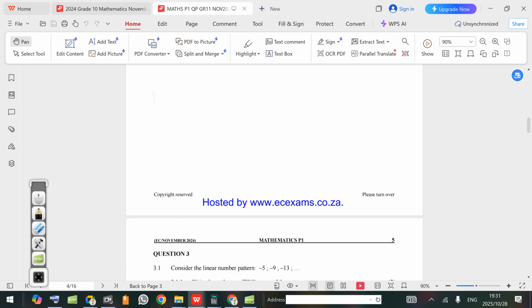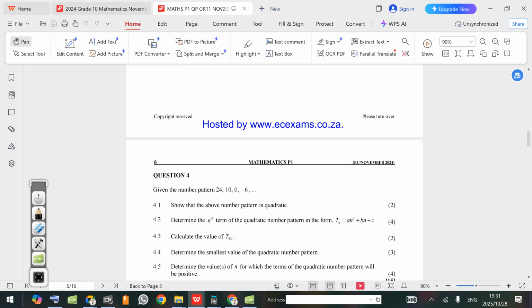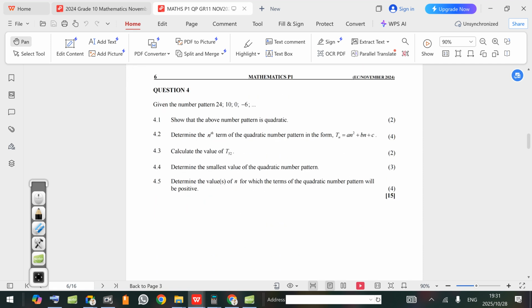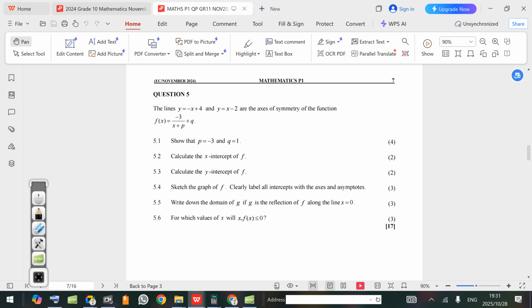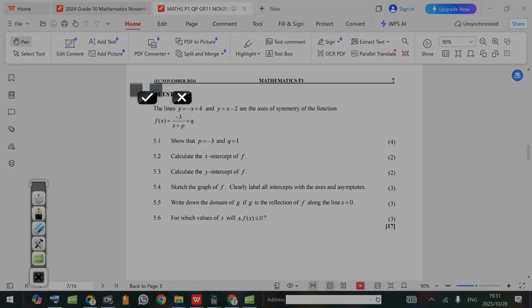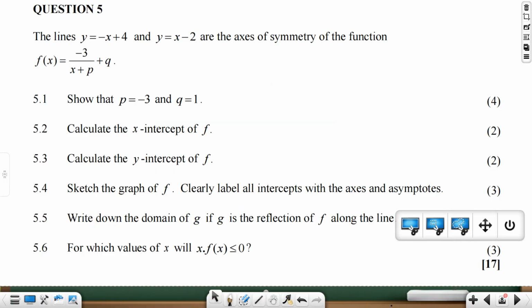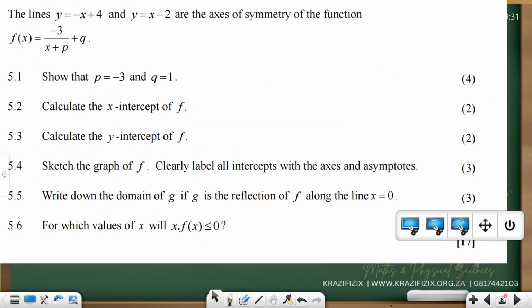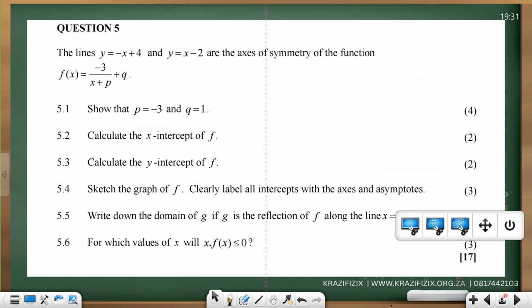Okay, guys, I won't do patterns now because this pattern is similar to what we did yesterday. Sorry, I was with grade 12. I'm going to skip patterns quickly. Can we just do this 17 marks and then call it a night? This is the simplest function you would ever get.